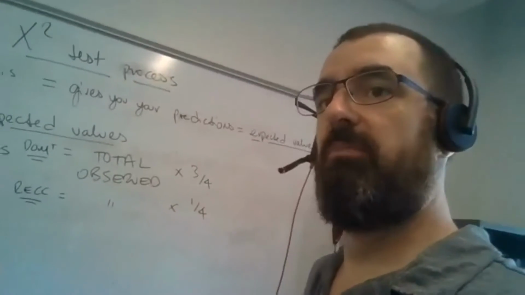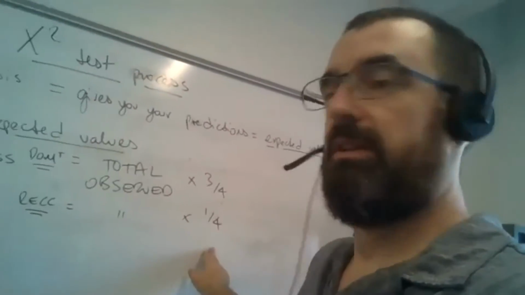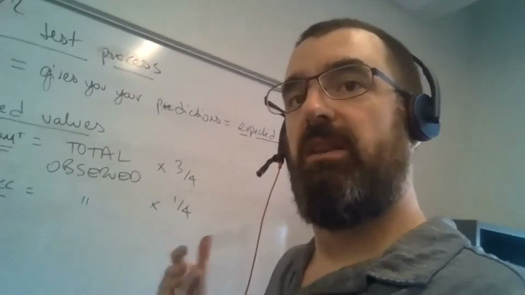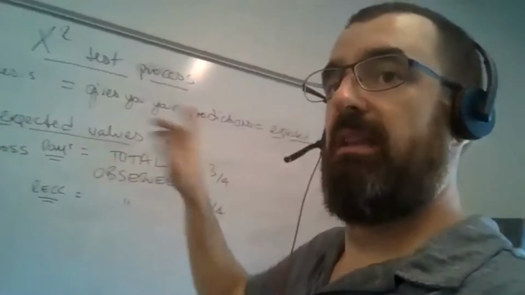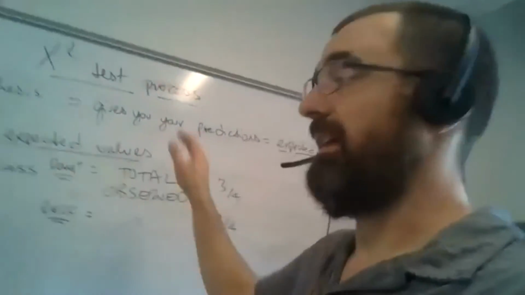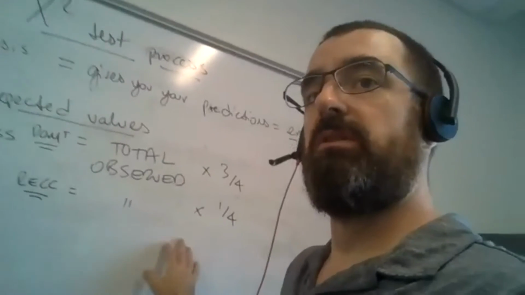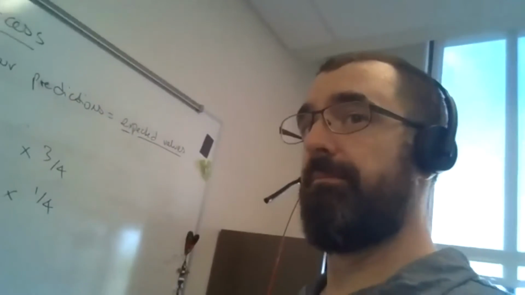So the way you test that hypothesis is different. And so instead of having 3/4 and 1/4, it'd be 1/2 and 1/2. That's why it's so important to get this right, because if you get that right, then these will be right. If you get that wrong, these will be wrong, and you'll come to the wrong conclusion because your chi-square test will tell you something that's wrong. Does that make sense?